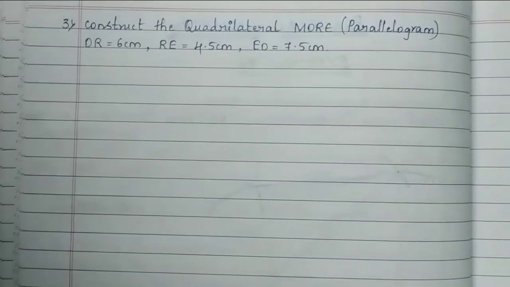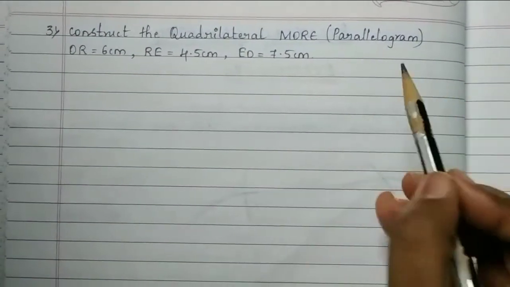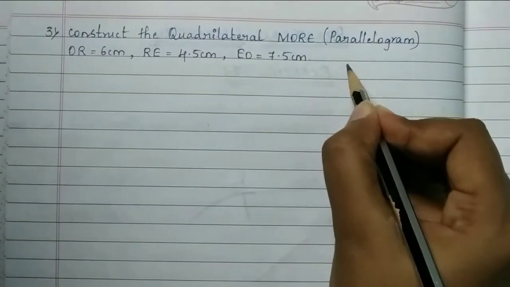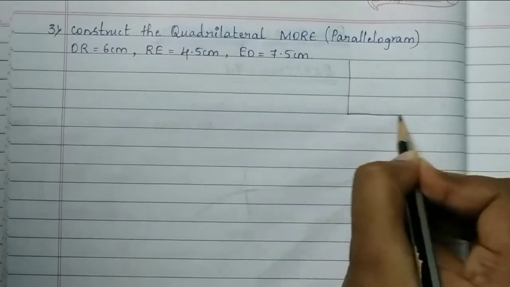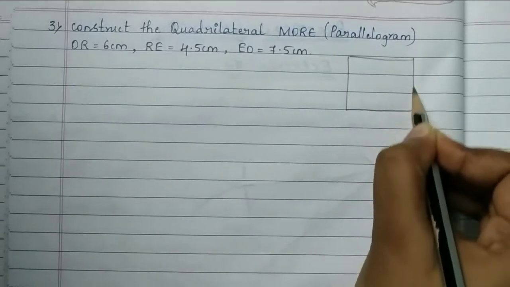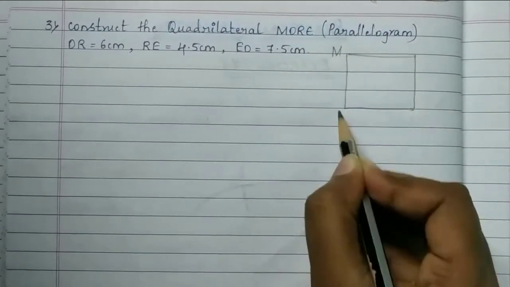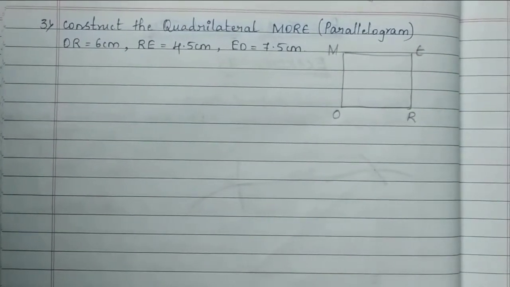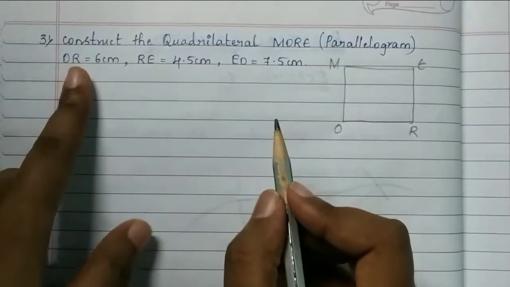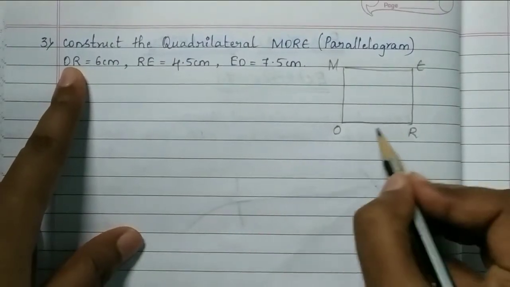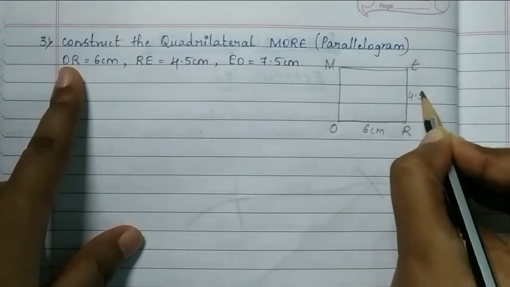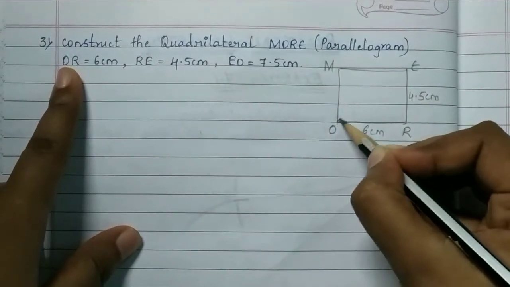So as a basic thing, we have to draw a rough diagram over here. So MORE. Let us draw a rough diagram here, which is M, O, R and E. So the measurements given here are, OR must be 6 centimeter, RE must be 4.5 centimeter and EO must be 7.5 centimeter.